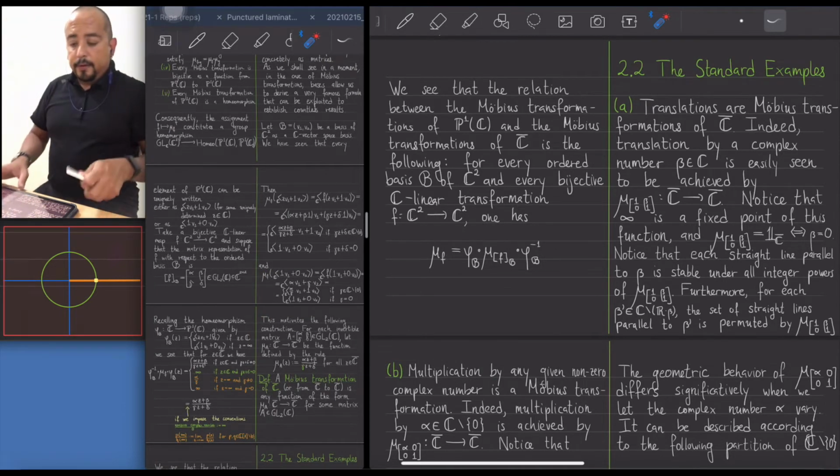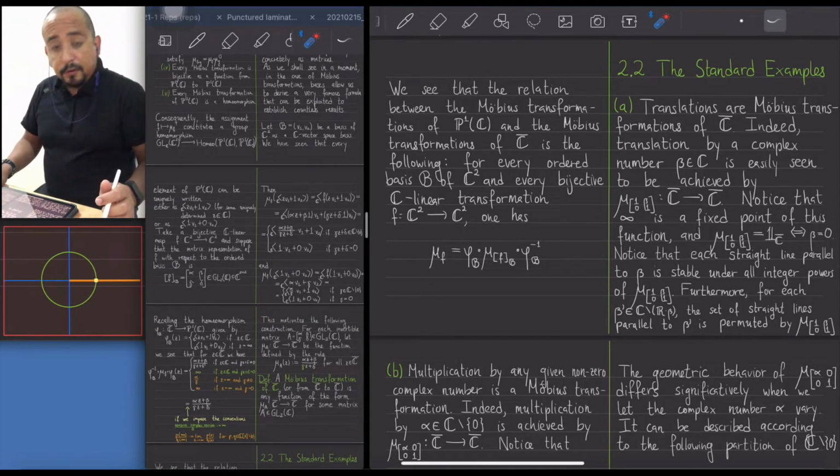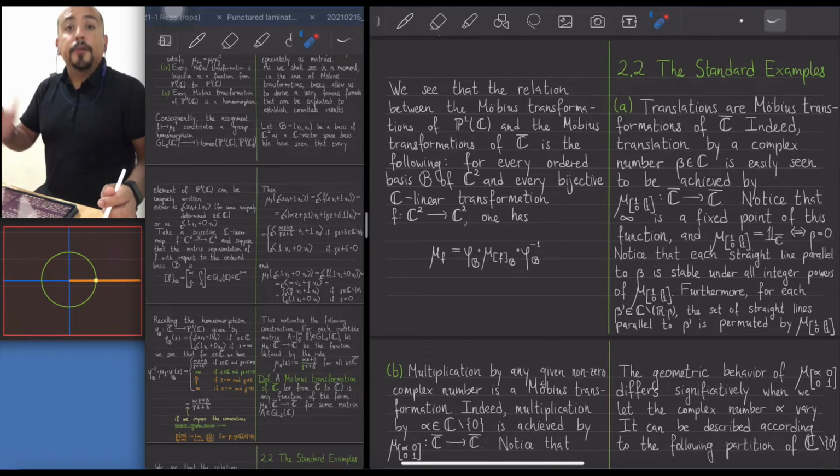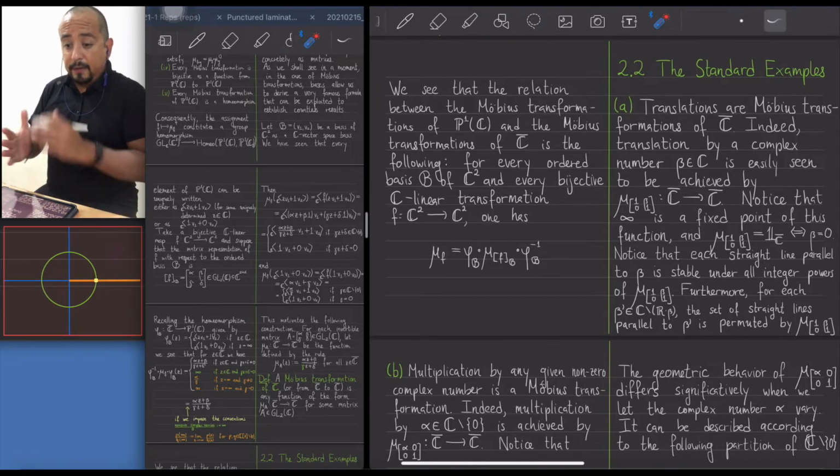So let us give some obvious examples of Möbius transformations. The idea is that there are certain obvious functions for which an analysis of the geometric behavior can be done, because the functions are defined in very simple terms and are very accessible.